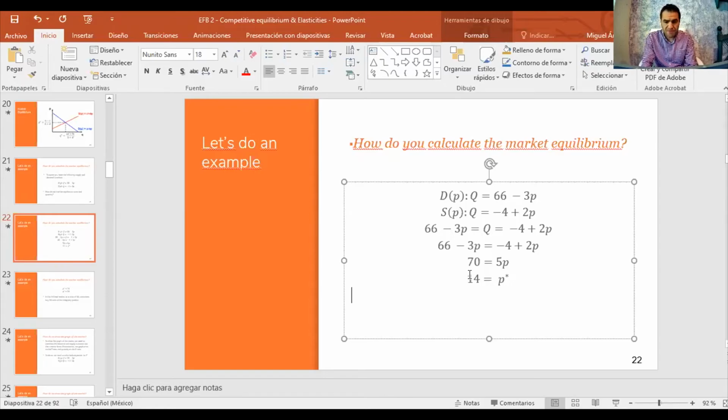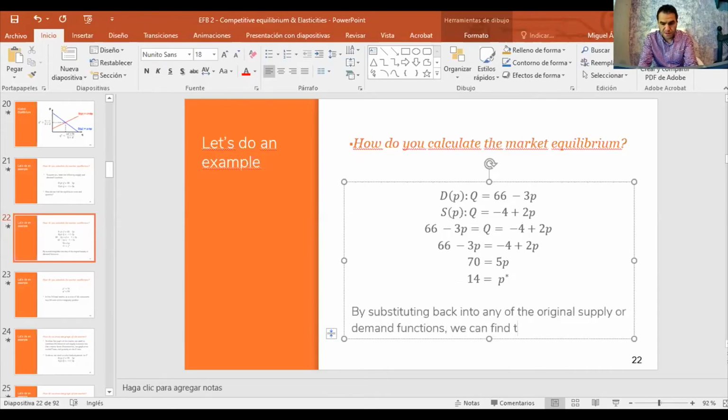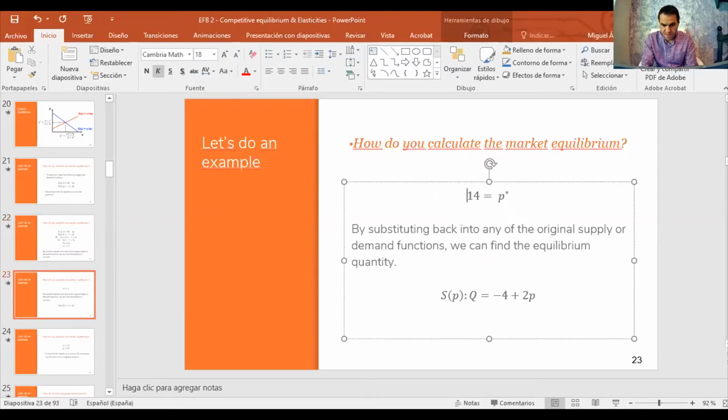So if we have a price of 14, this seems easy enough. By substituting back into any of the original supply or demand functions, we can find the equilibrium quantity. By plugging in the 14, we can find the actual quantity.